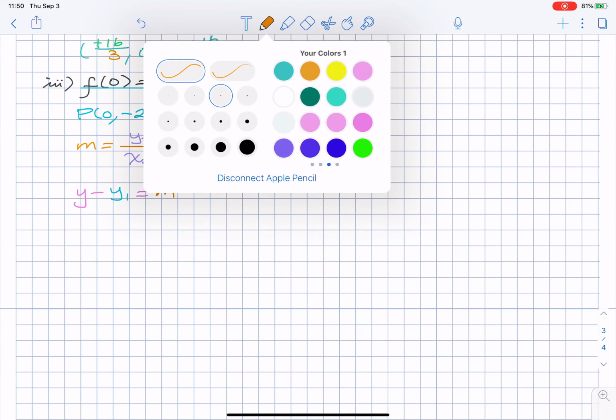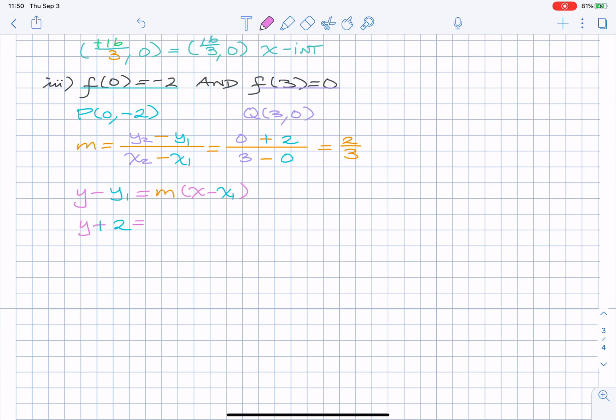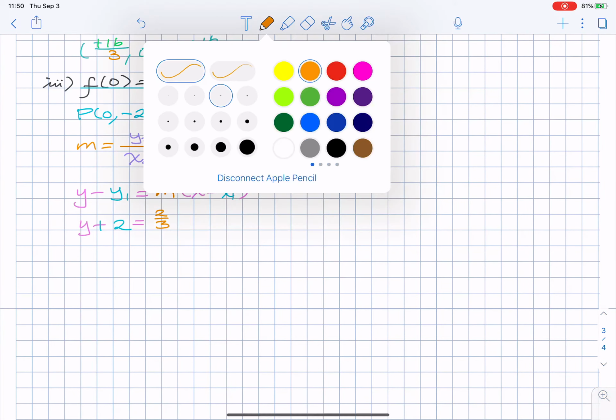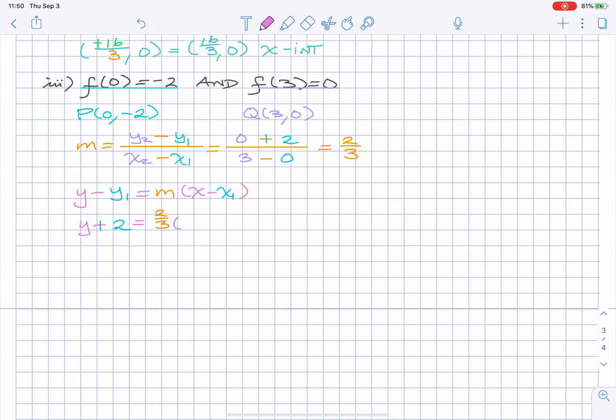Okay, so we have y minus a negative 2, so plus 2, is equal to 2/3 times the quantity x minus what amounts to 0, thank goodness.